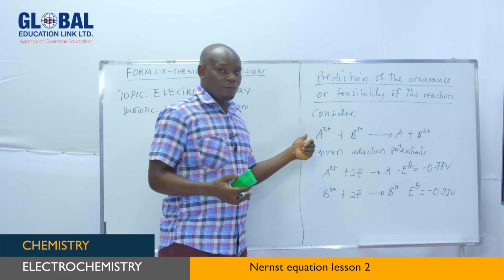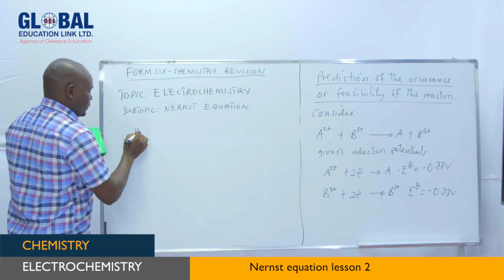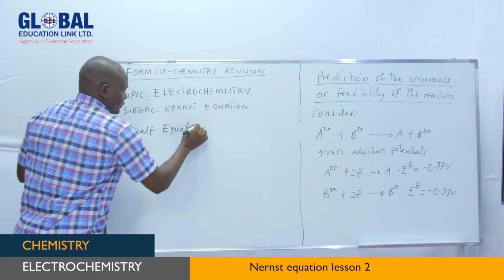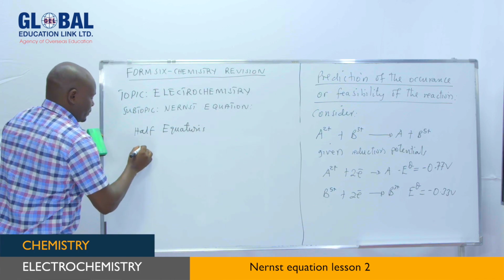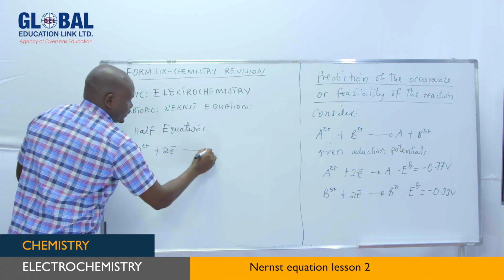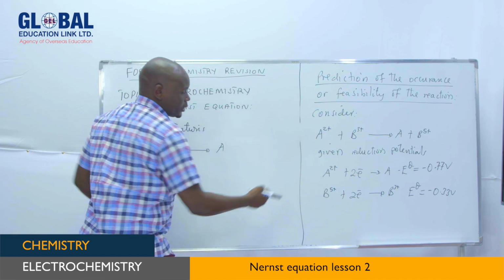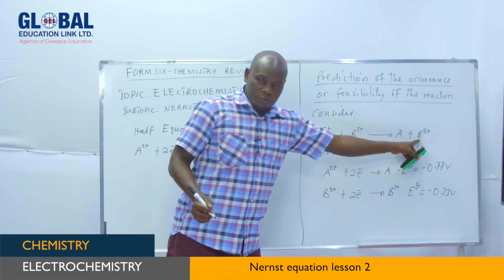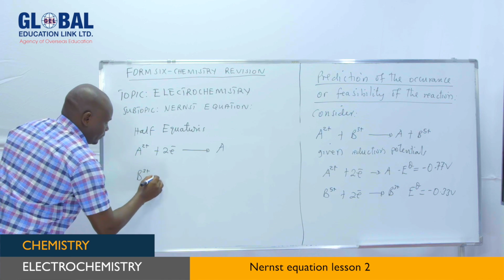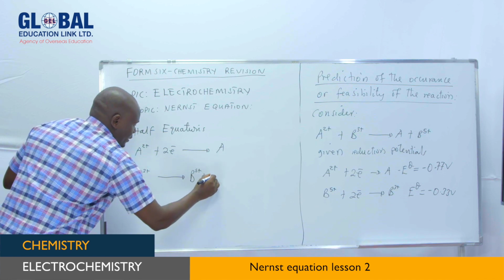If we write the half equations for the given redox reaction, the first is A 2 positive plus 2 electrons gives A. The second half equation is B 3 positive leads to the formation of B 5 positive plus 2 electrons.